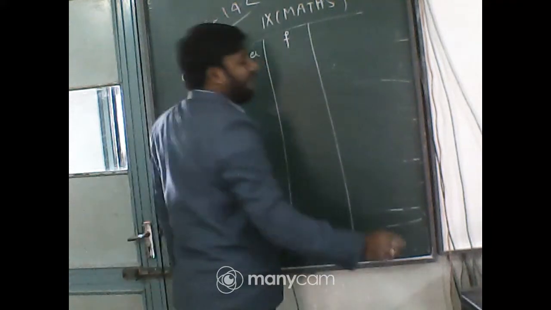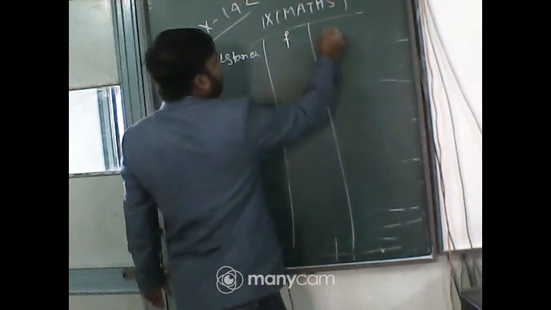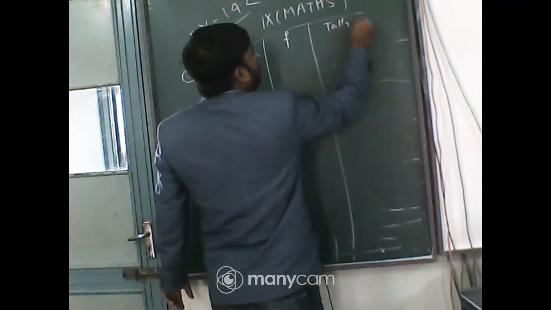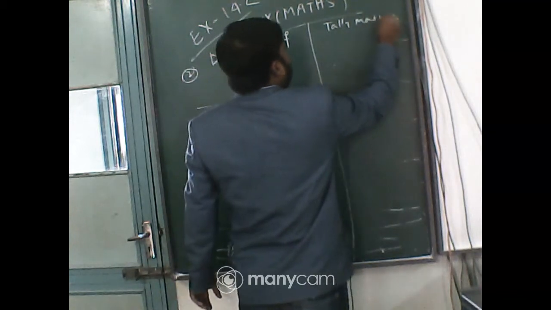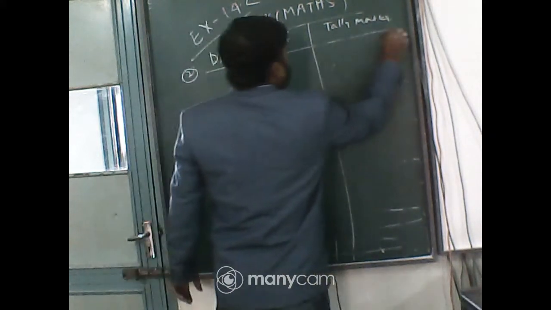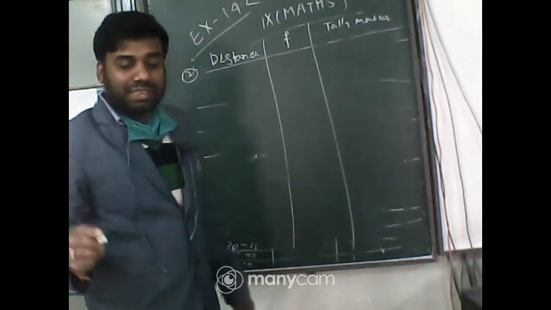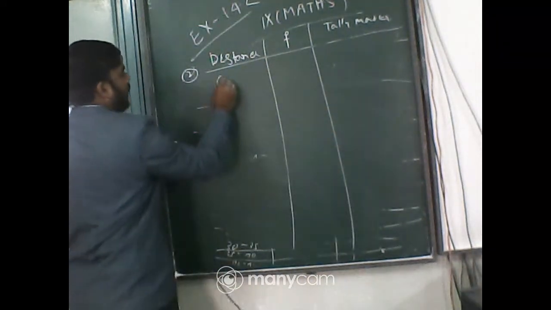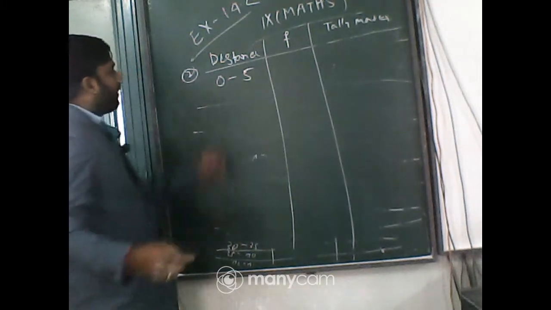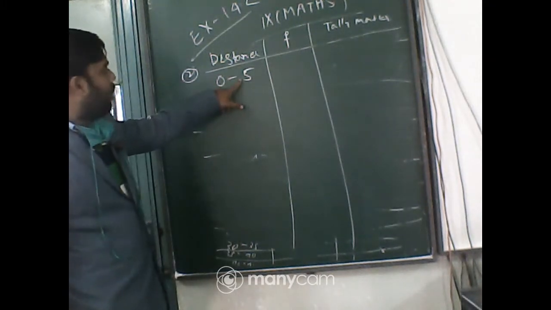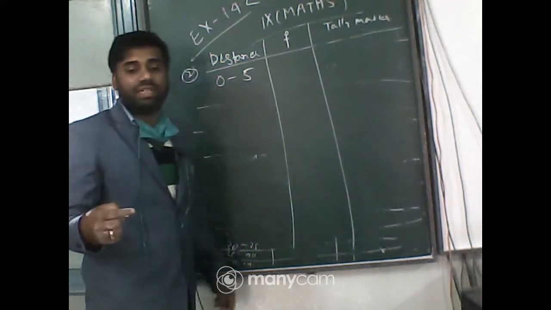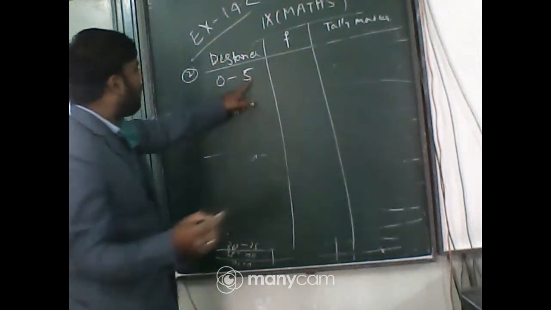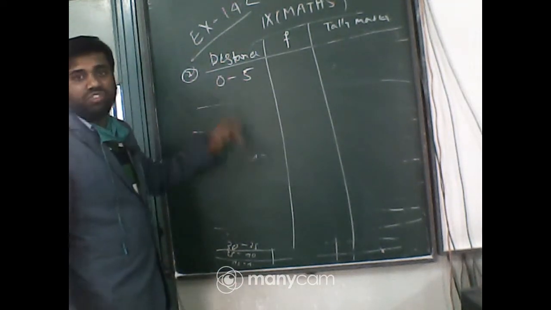If you want to make tally marks, write down here, tally. Now it is mentioned that the class interval size is 5, so first take 0 to 5. I have told you that 0 is the lower limit and 5 is the upper limit. The length of the class interval is upper limit minus lower limit, 5 minus 0, that is 5.